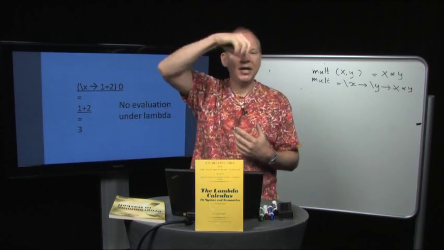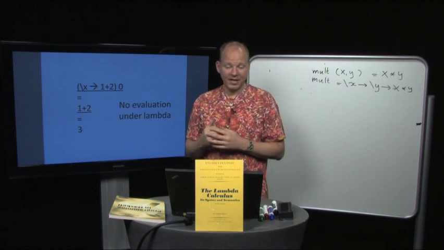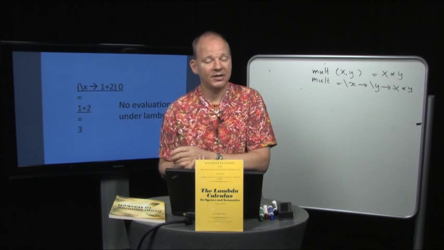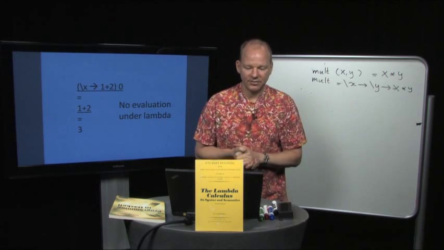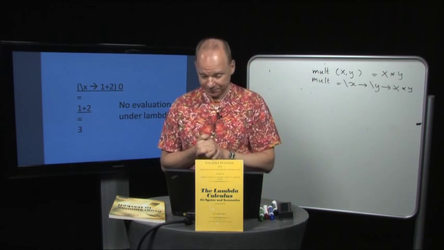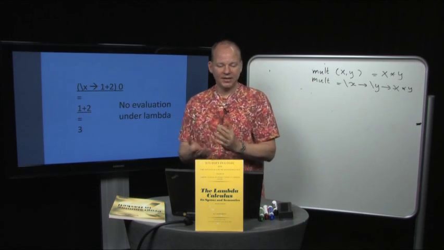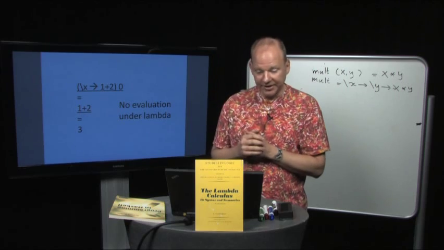Only when I apply it to an argument, and in this case, since x is not used in the body, the 0 just disappeared, then I can start executing the body, but not when it's under the lambda. And in this case, this just returns 3.